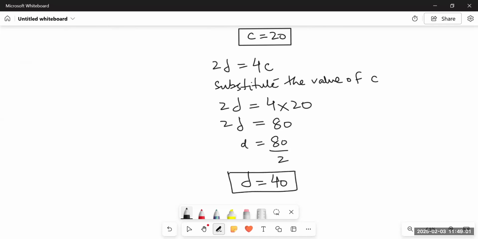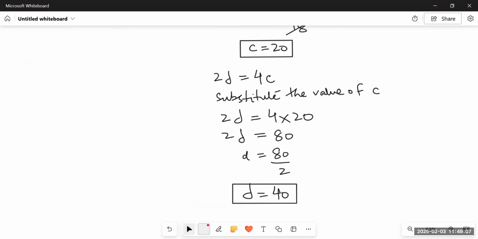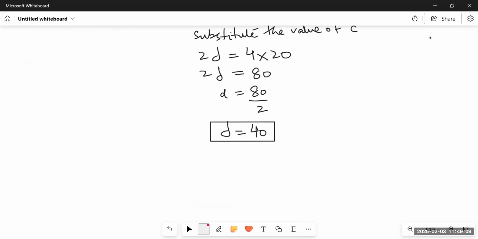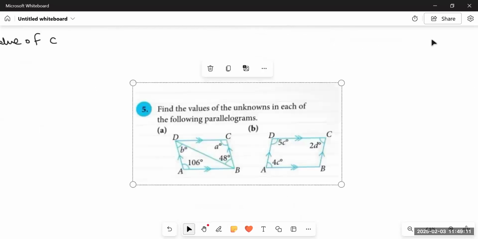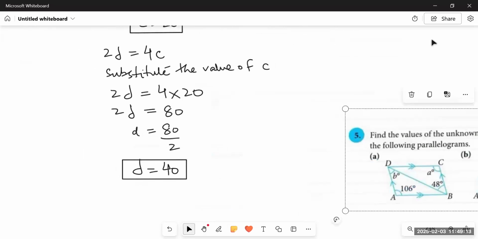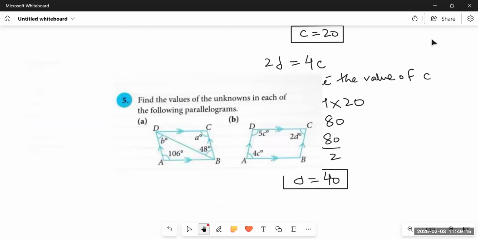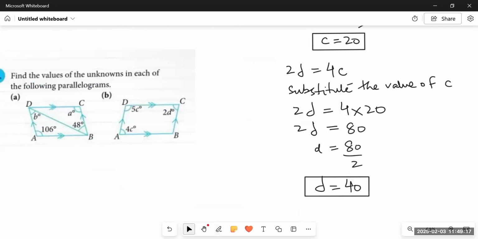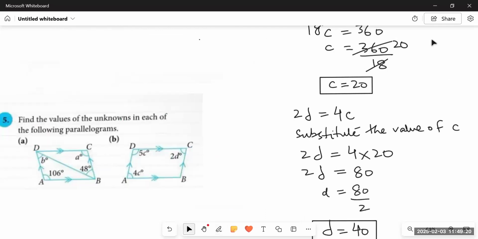You see, this is how we have found the value of C as 20 and the value of D is 40. Now let's solve the given question once again. As you can see, in this question, we were provided with 5C. So 5C would be 5 multiplied by C is equals to 5 multiplied by 20, right? 5 20s are 100.